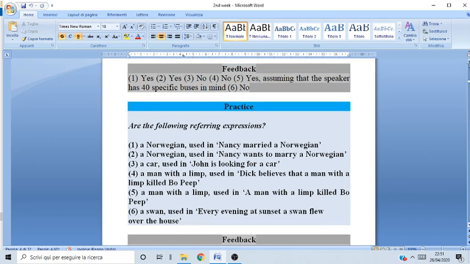Number two, a Norwegian, used in Nancy wants to marry a Norwegian. Number three, a car, used in John is looking for a new car.